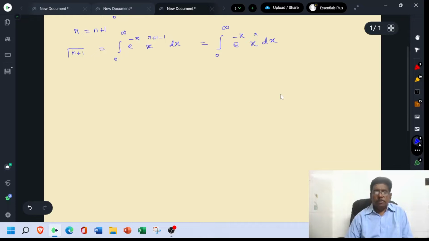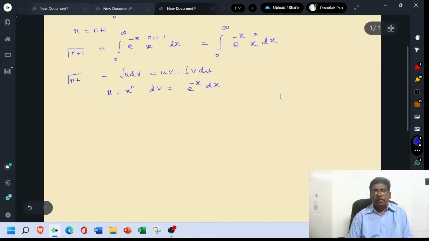Now we have to solve this using the formula integral u dv. We have to solve this integral. For that, we use the formula integral u dv equal to uv minus integral v du. Here, u equal to x power n, then dv equal to e power minus x into dx.